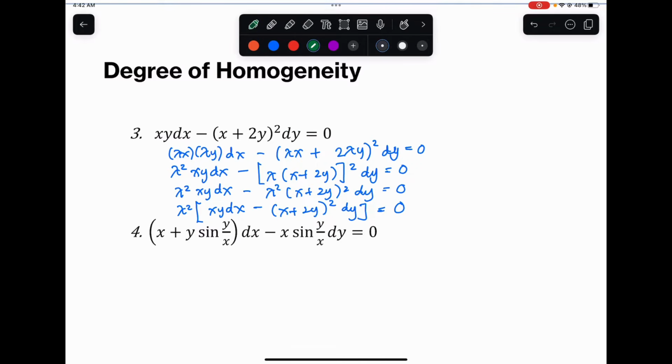So again, this xy dx minus x plus 2y squared dy is multiplied with lambda squared, so our degree of homogeneity is equal to 2. Okay.